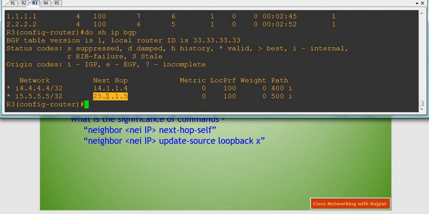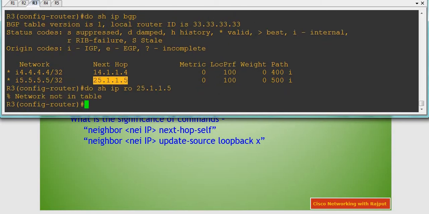So in this case, router 3 has next hop as 25.1.1.5. Show ip route. Let us check if it has routing for that or not. This subnet is not there in the routing table of router 3. Let us check for 14.1.1.4 as well.